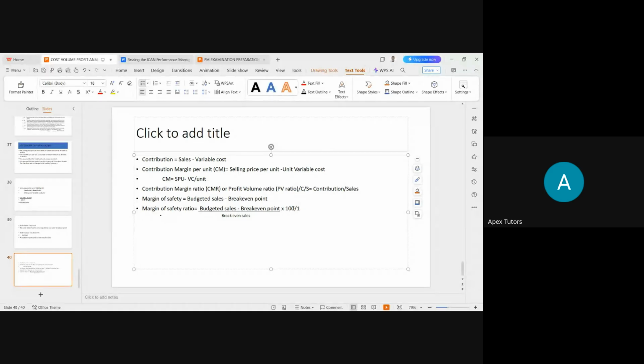This is margin of safety ratio. So there is something else again.